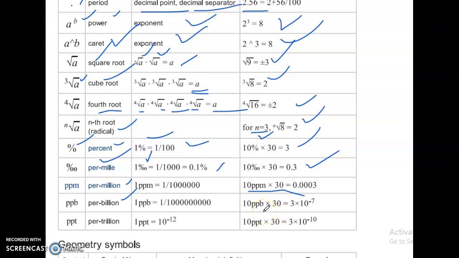So 10 ppb of 30 equal to 3 into 10 power minus 7. ppt, per trillion: 1 ppt equal to 10 power minus 12. 10 ppt of 30 equal to 3 into 10 power minus 11.